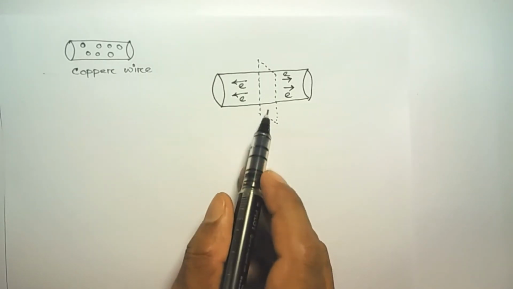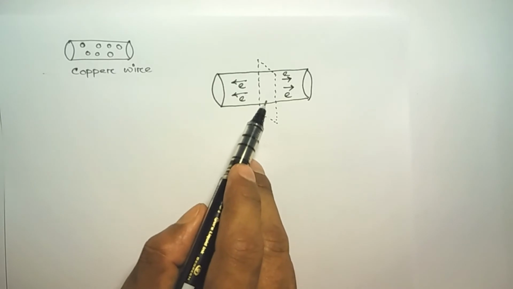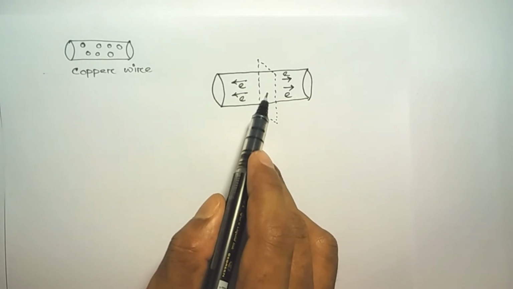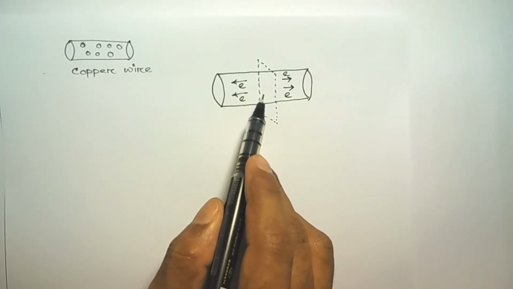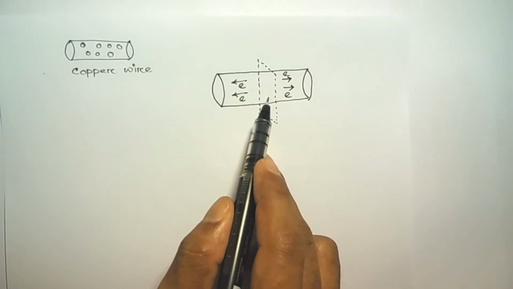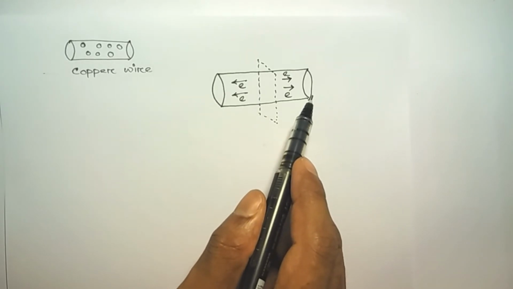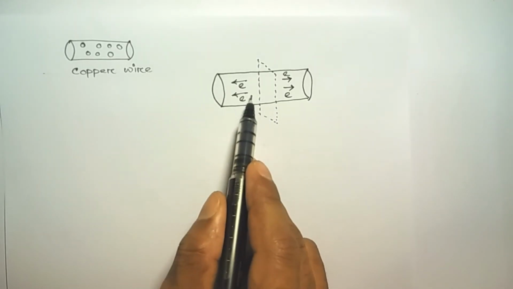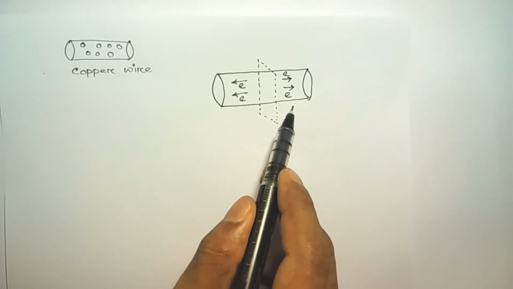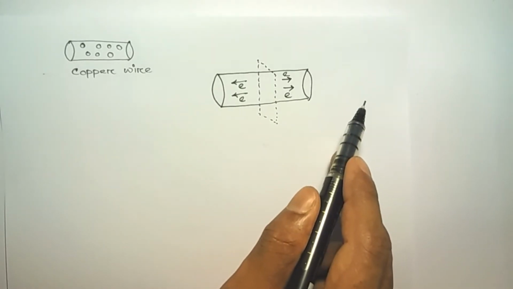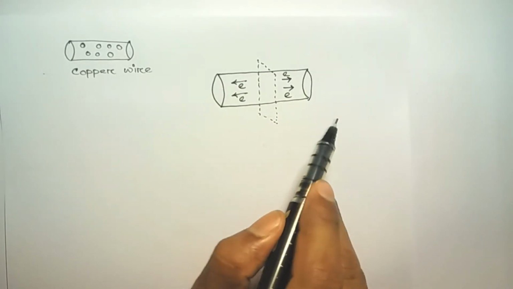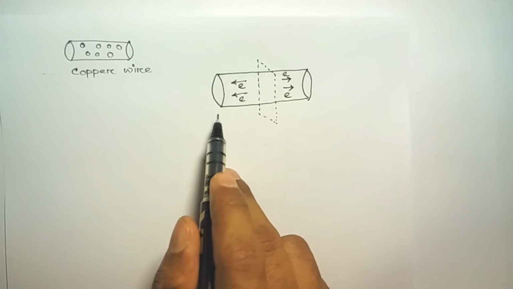This is a closer view of this copper wire, and we have taken an imaginary plane over here. We can see from this imaginary plane that so many electrons are moving towards the left hand side and so many electrons are moving towards the right hand side, and the number of electrons moving towards the left is exactly equal to the number moving towards the right, while this copper wire is not connected with any kind of source.